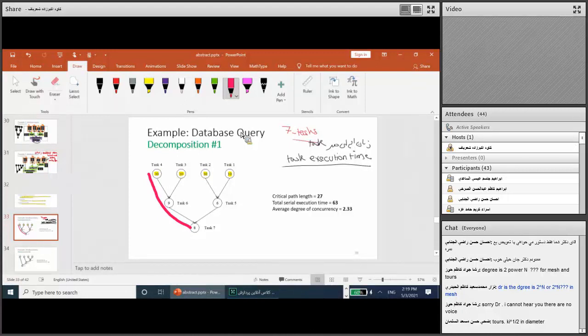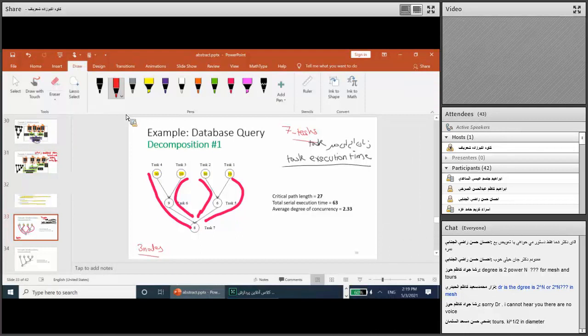But just task 7 is the final or finish task. Therefore, we have 4 critical paths, 4 paths from the start node to the finish node, each with 3 nodes.